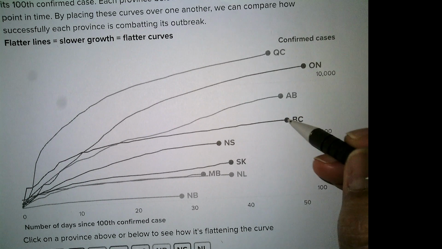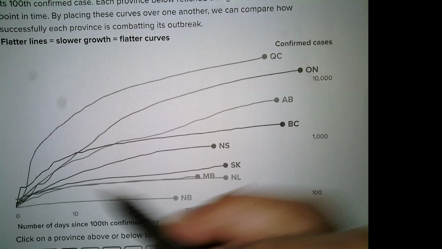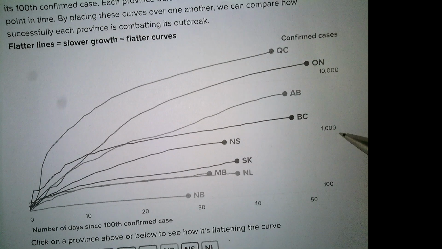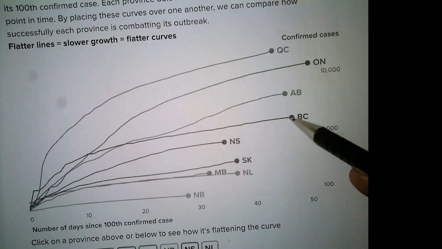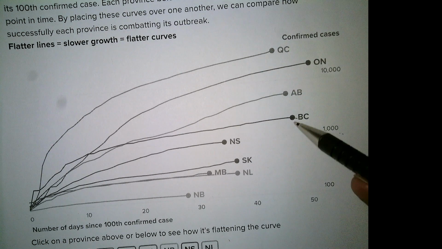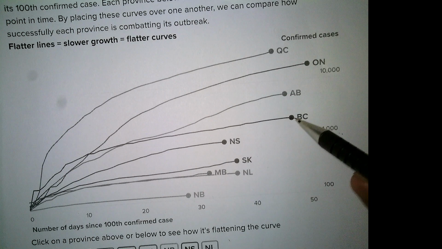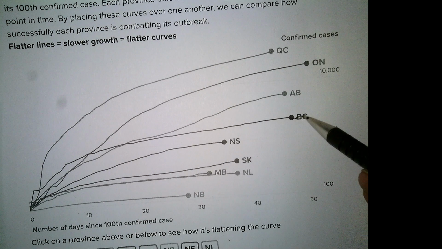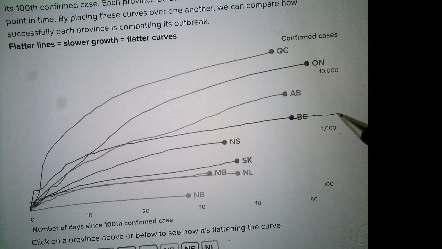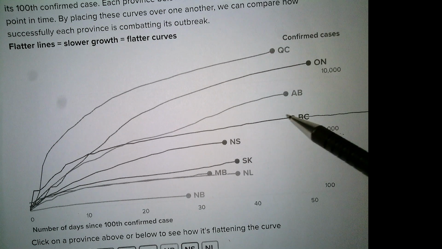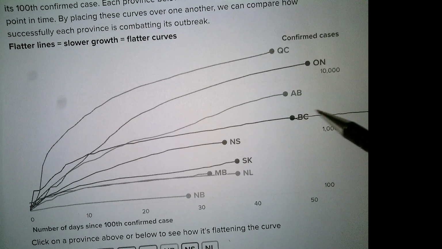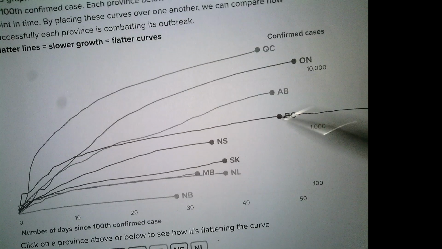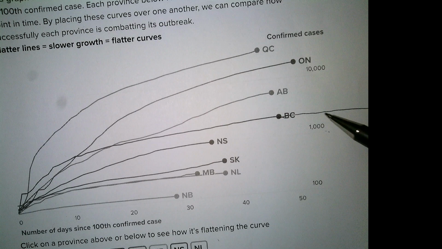Ideally, we want to see this number, the number of cases. This is 1,000 cases. Now we are flattening the curve, which means the number of cases remains constant.